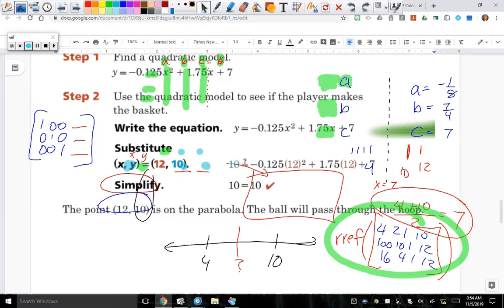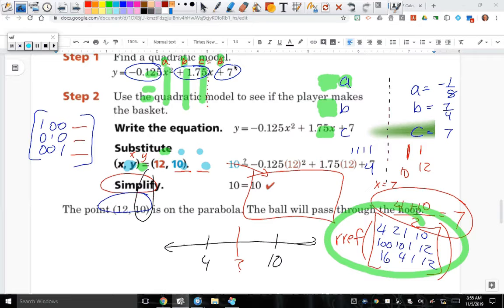We got a -1/8, and that's the same as -1/8 in decimal form. This 7/4, otherwise 1 3/4, is this 1.75, and then C is equal to 7. There it is. So this is your equation, and we solved it with a calculator.